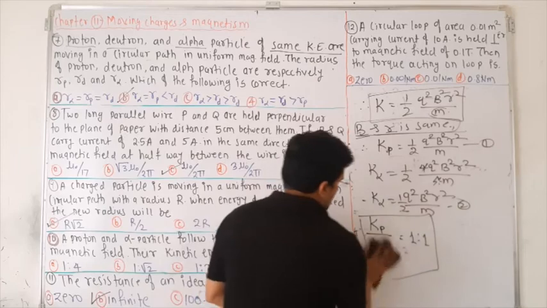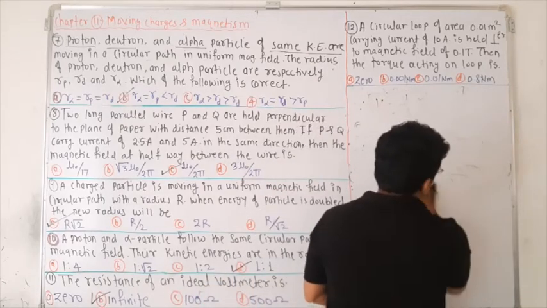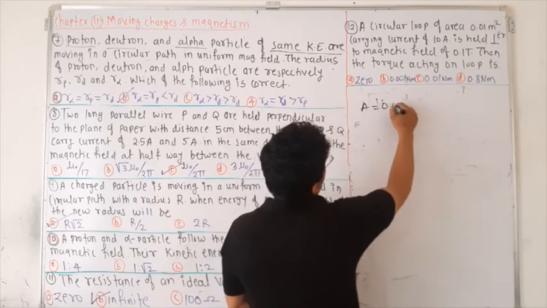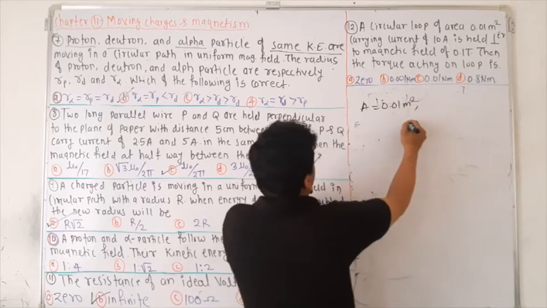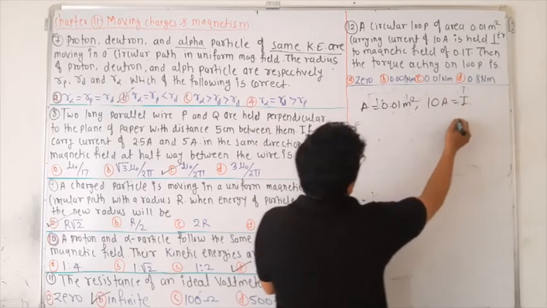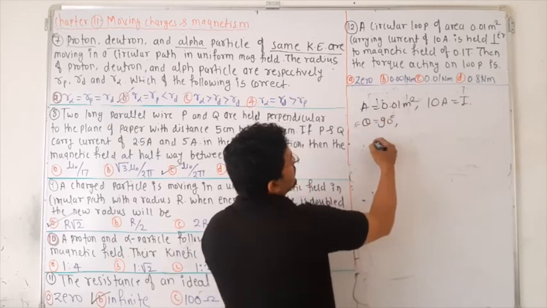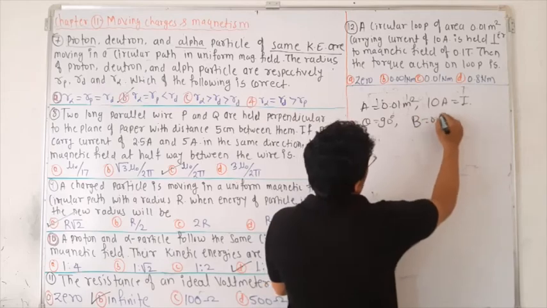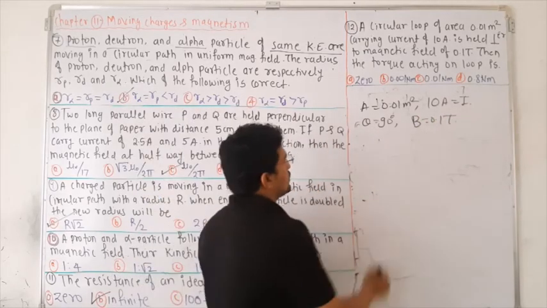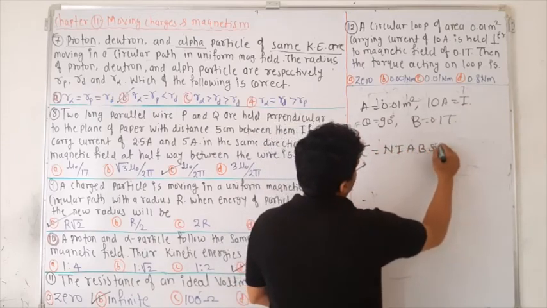Next one, the last problem, problem number 12. A circular loop of area 0.01 meter square, which carries a current of 10 ampere, that is I, is held perpendicular, so theta is 90 degree, in the magnetic field B equal to 0.1 Tesla. The torque acting on the loop is given by NIAB sin theta.